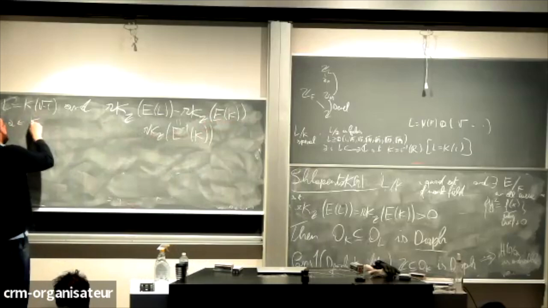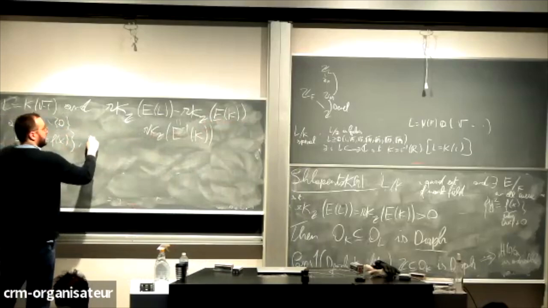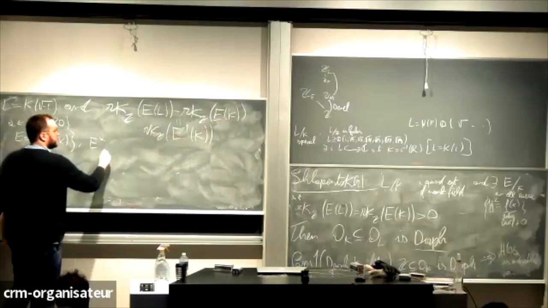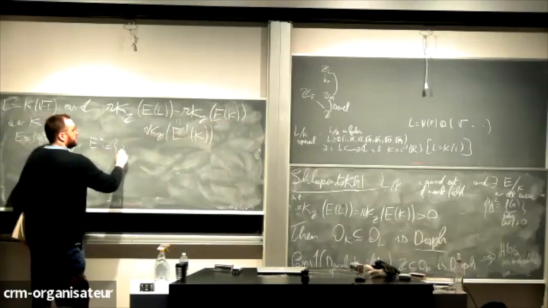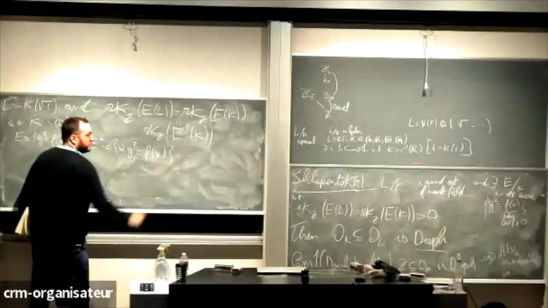For alpha in k non-zero, if you have E given by y squared is f of x, where f is a cubic, then E alpha, called the quadratic twist, is the curve simply given by almost the same equation, but you place an alpha in front of y squared.